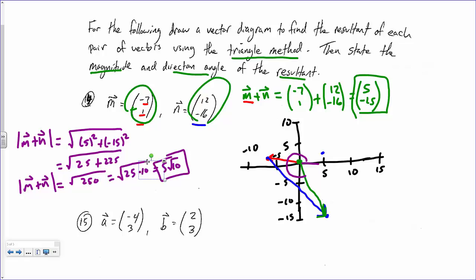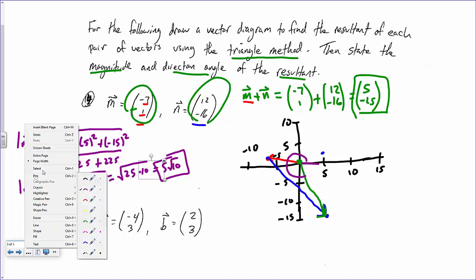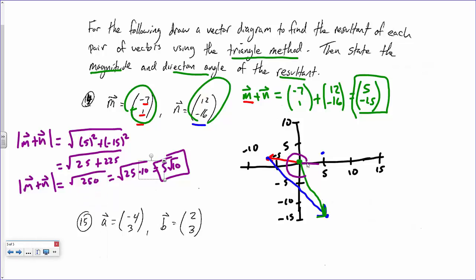All right. Something else that I have to find is the direction angle. This one's a little trickier, but that's okay. Now that I have that magnitude, I can find this answer. I want you to keep in mind something. What I have here is really a right triangle, and there's a reference angle here that I need to figure out. I can call this theta.